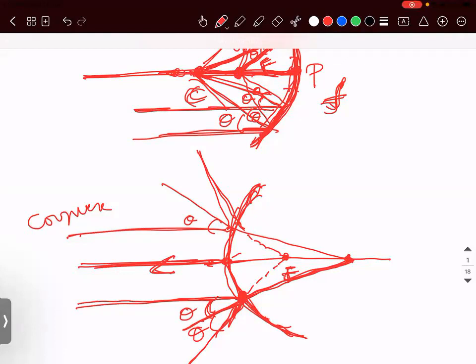Based on the same reflection, you'll be able to draw. First, take where the ray is touching the surface. There you need to draw the normal. How to draw the normal? Perpendicular. Rohit?